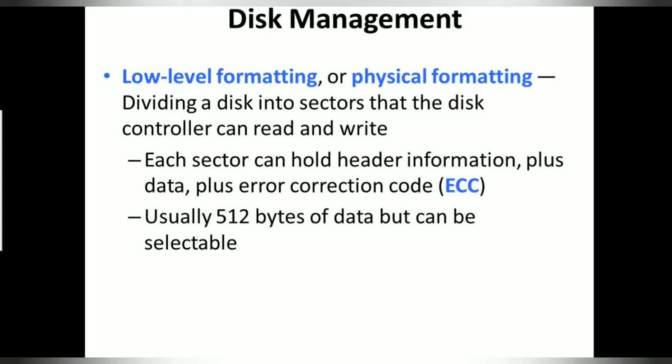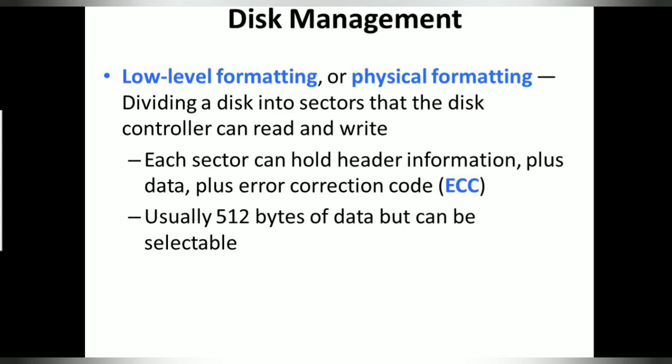The data structure of the sector typically consists of a header, a data area, usually 512 bytes in size, and a trailer as well. So the data structure contains three things: header, data area, and trailer.